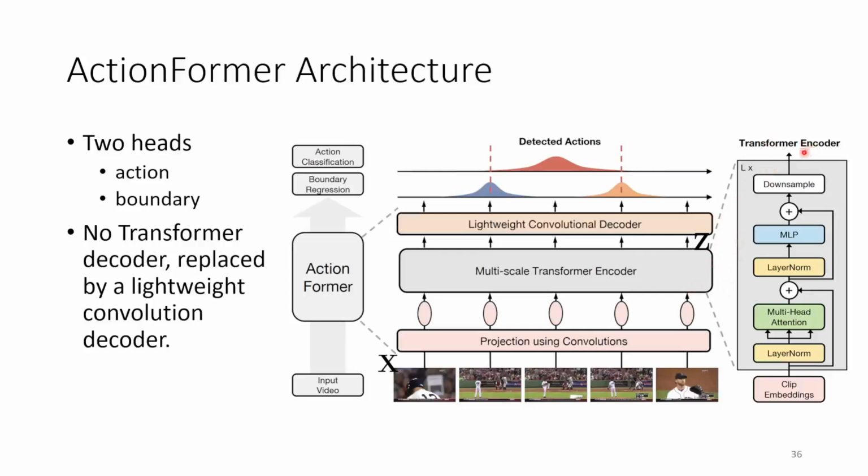They only use the encoder part to get the latent representation. And then they use two simple convolutional networks to predict the start time, the end time, and so there are two heads. One head to predict the time, another head to predict the class probability distribution.